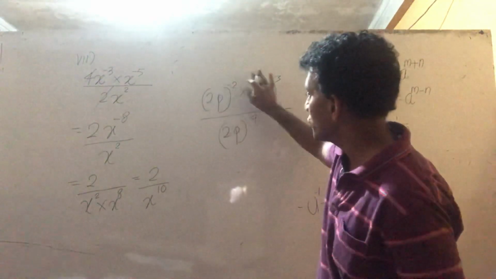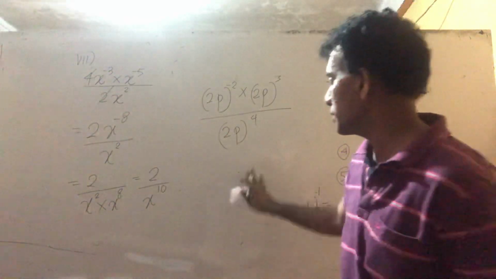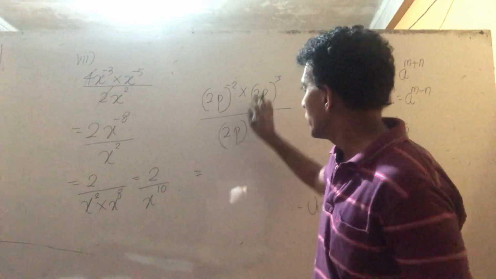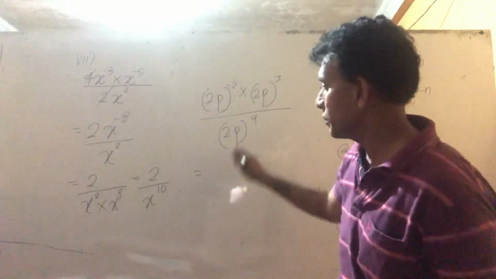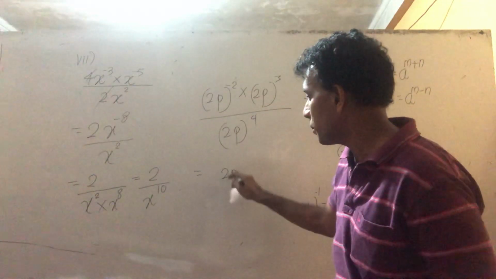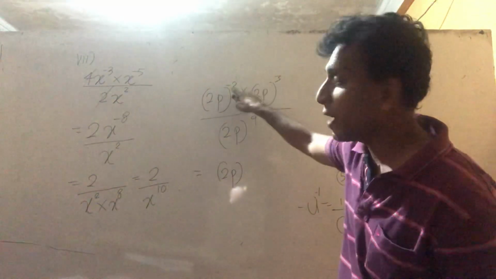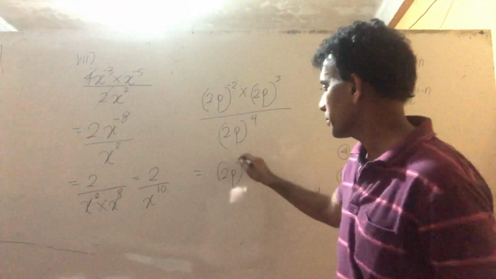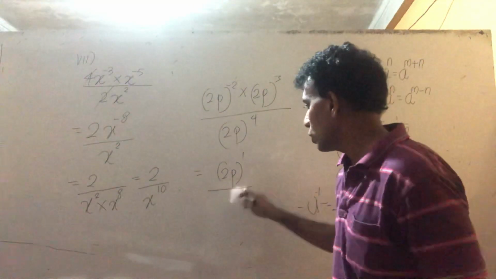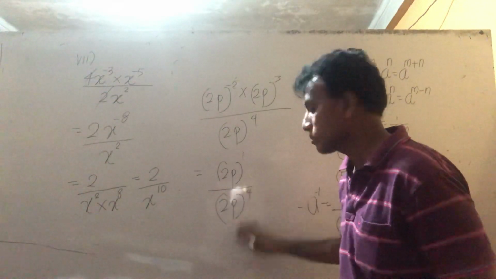Here 2p, here 2p, here 2p. So the base is 2p, right? Therefore use this rule, bases are the same. 2p to the power, add the powers. Here 3, here minus 2. 3 minus 2 is 1. So 1, below 2p power 4.